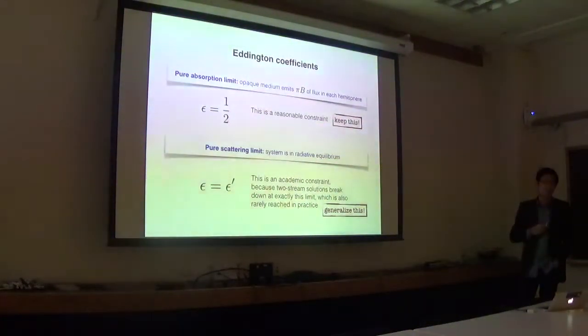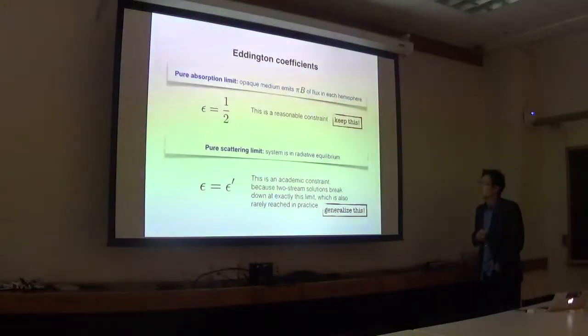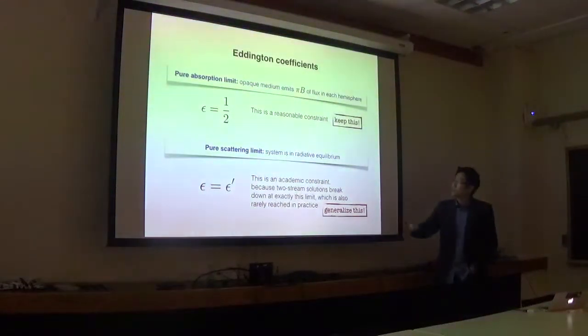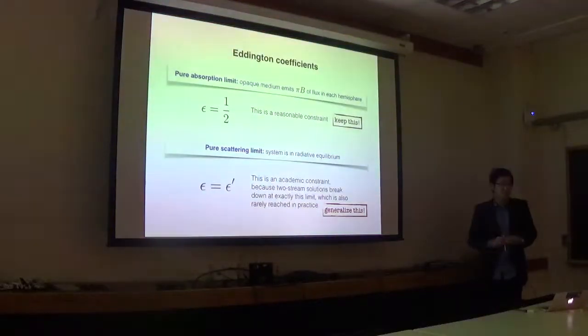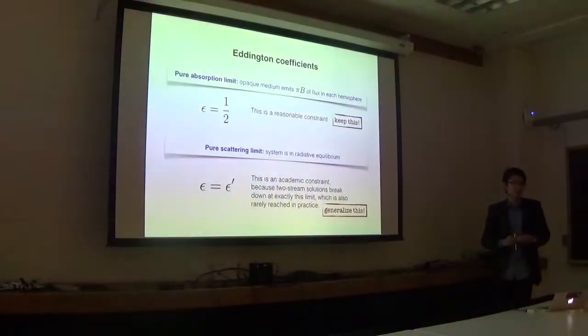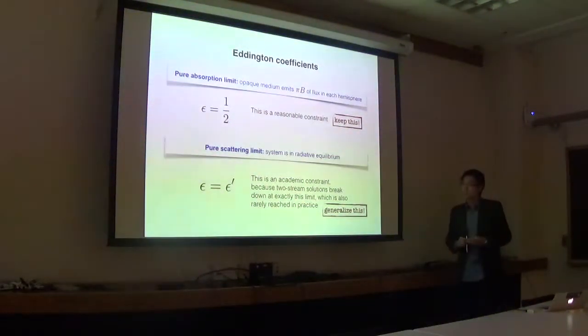So this is a reasonable constraint. Let's keep this. The second limit that Toon et al. in '89 discussed is that in the pure scattering limit, the system should be in radiative equilibrium. Radiative equilibrium is a statement of local energy conservation. It means that the gradient of flux between each pair of layers in the atmosphere is zero.